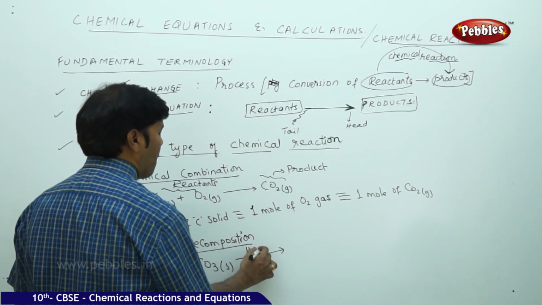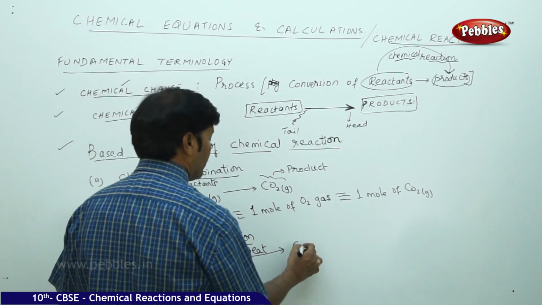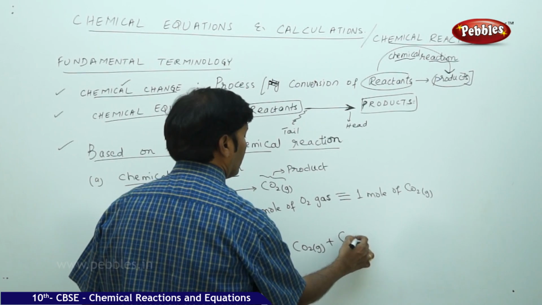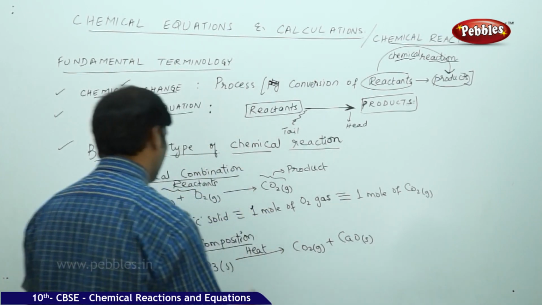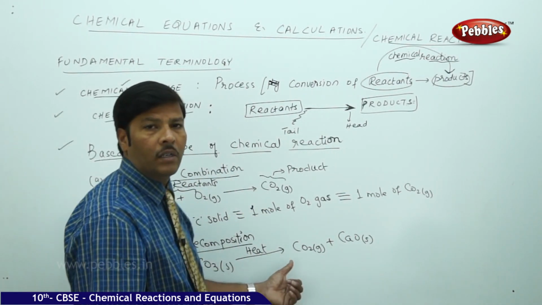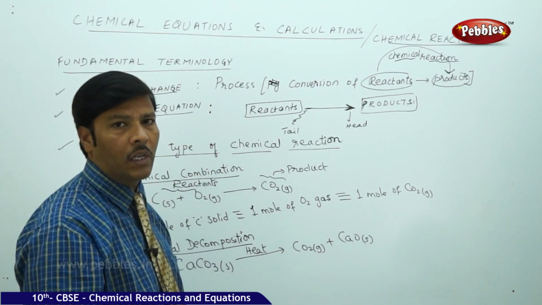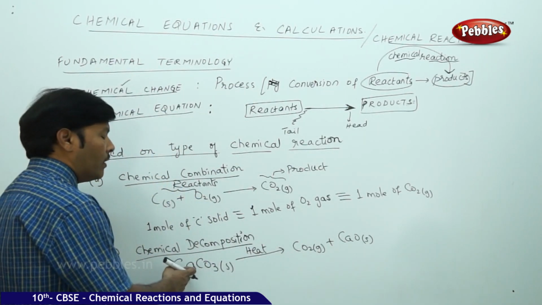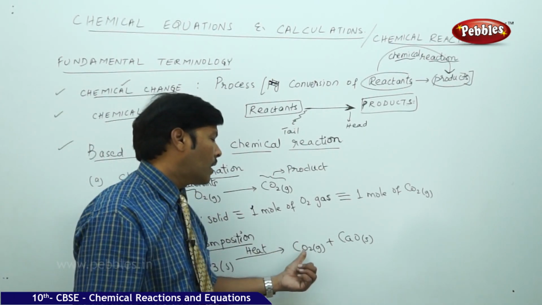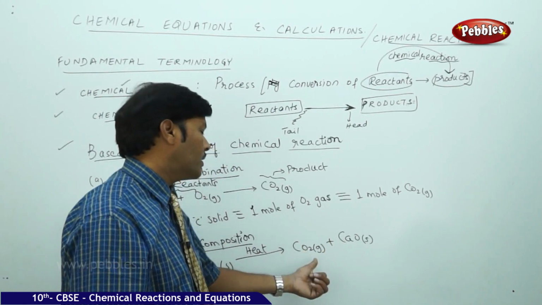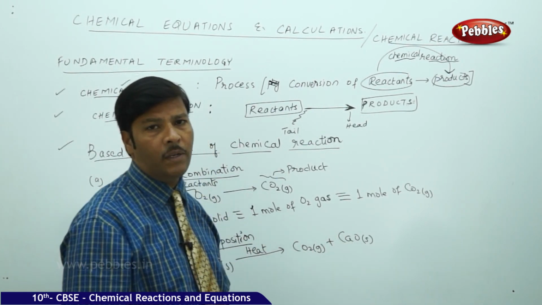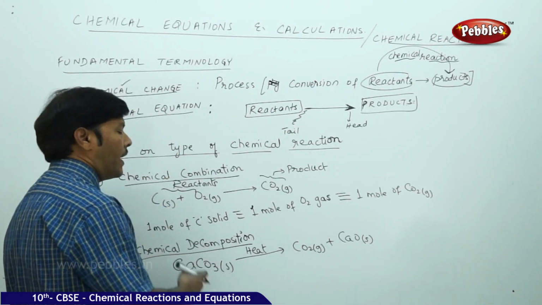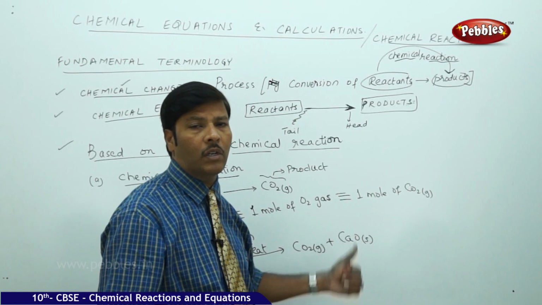Upon heating, you get carbon dioxide gas plus calcium oxide solid. That means here calcium carbonate is a reactant and carbon dioxide and calcium oxide are products. Calcium carbonate is a solid, carbon dioxide is a gas molecule and calcium oxide is a solid molecule.